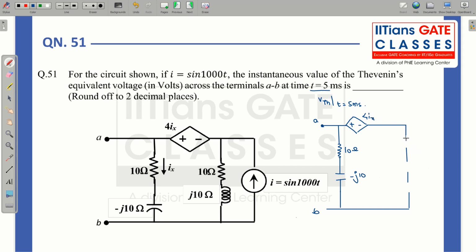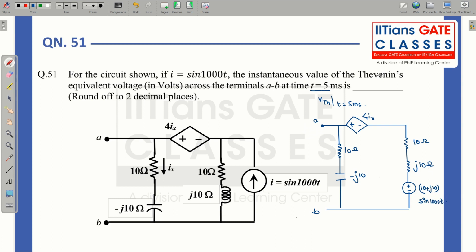So over here this will be 10 ohm, this is J10 ohm, and this will now be the voltage source. So this will be impedance into this current, so that will be 10 plus J10 into sin 1000t.